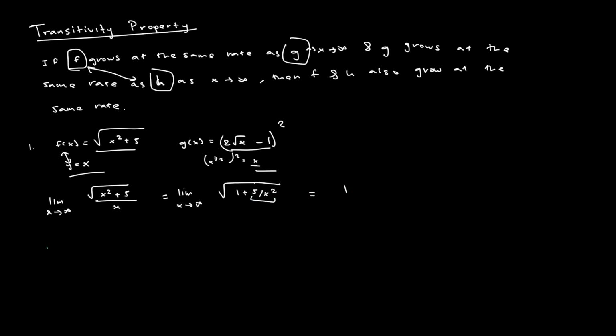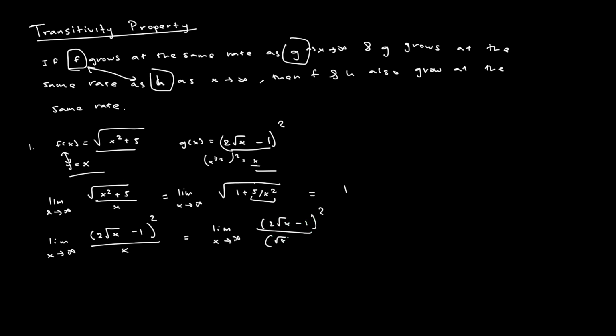Now, let's compare the growth of g of x and y is equal to x. So limit as x tends to infinity of 2 square root of x minus 1, squared, divided by x. Now, I think the best way to go about this function is to take the square root of x squared, so I have limit as x tends to infinity of 2 root x minus 1, squared, divided by the square root of x squared.